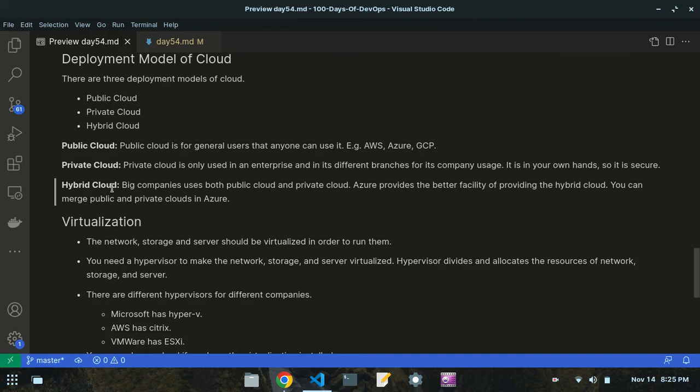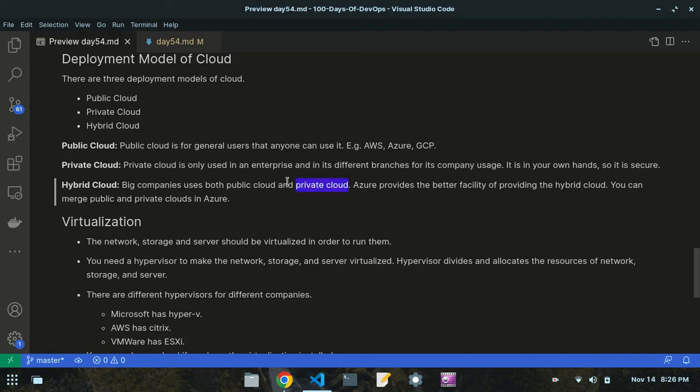Alright, so after that, the next cloud deployment model is the hybrid cloud. Basically the hybrid cloud is the public and the private cloud. Alright, so this is the combination. The combination of public and private cloud will be called the hybrid cloud. Big companies use both public cloud and private cloud.